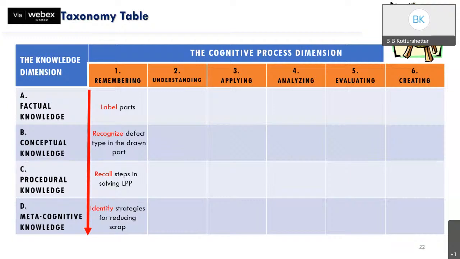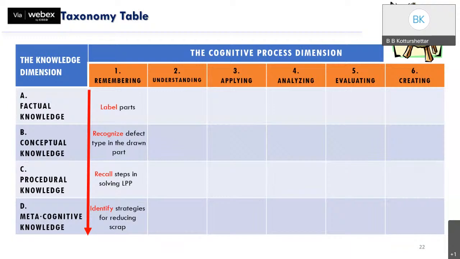Now, if you take a look at this table, that is knowledge dimension on one side and cognitive process dimension on the other. Now, if you just take a look at all the four knowledge dimensions in the remembering realm of cognitive process dimension. And the letter in red is the action verb. That is the key, that will tell us just by observation that here the expectation is at the remembering level.